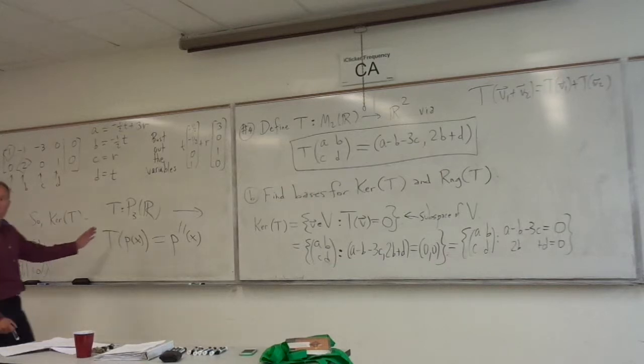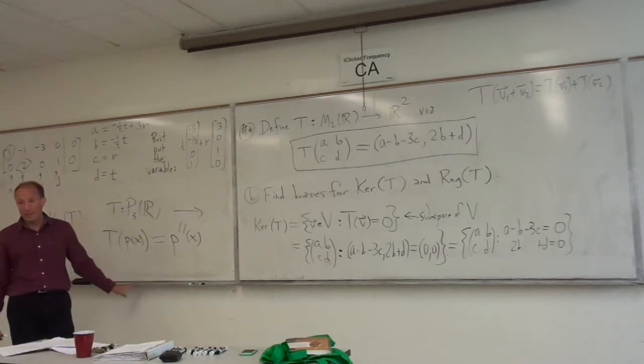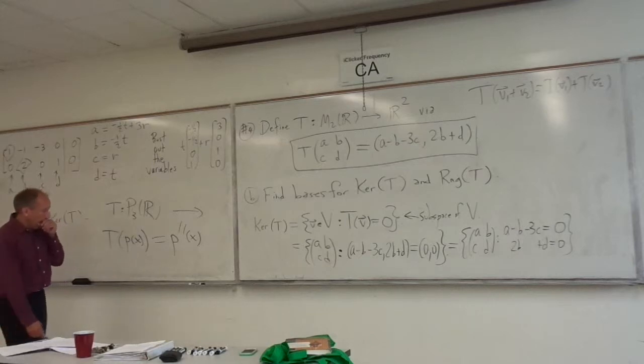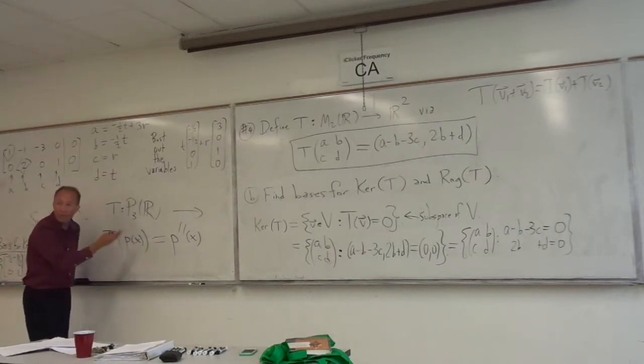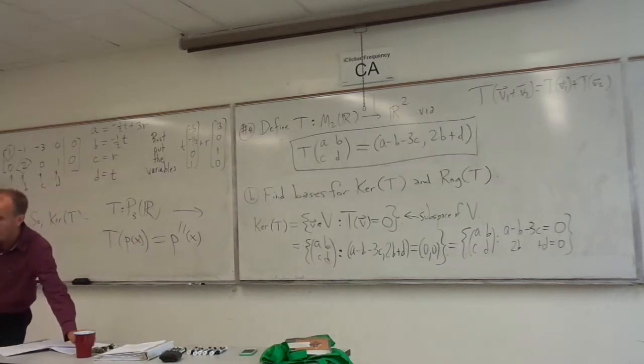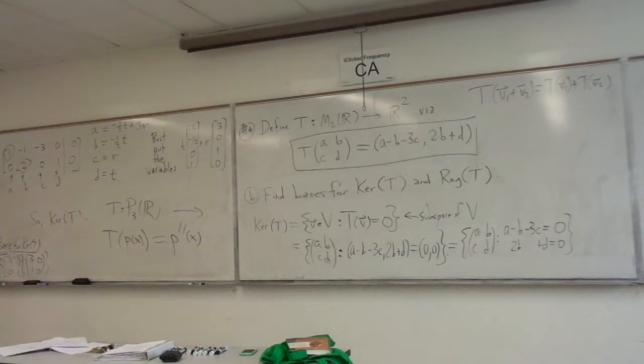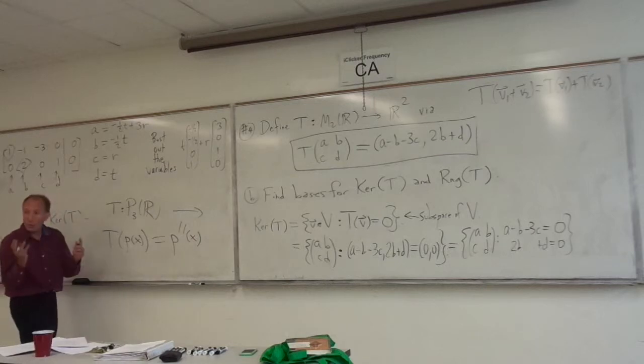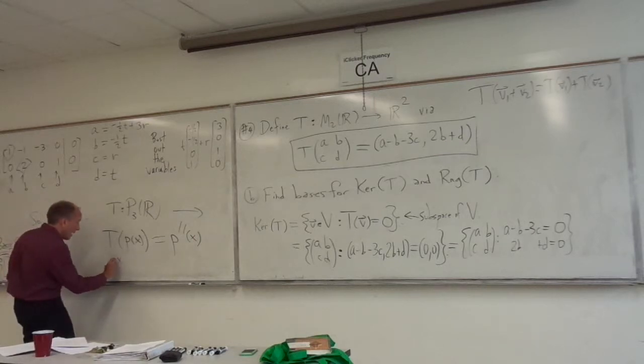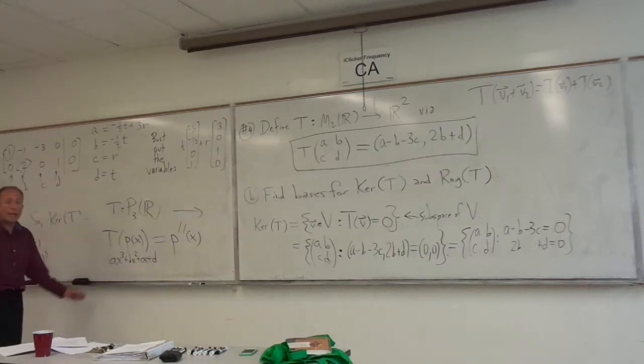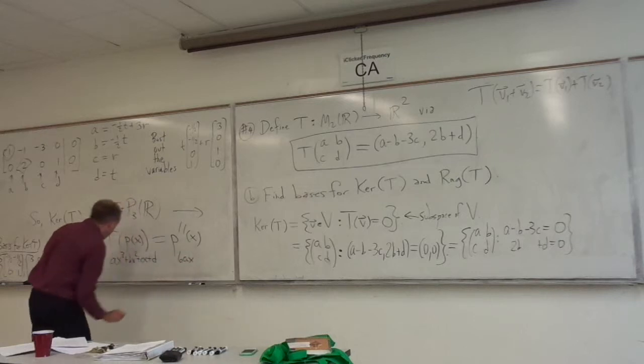But this one is a little more abstractly presented. I don't see the specific coefficients of the polynomial. So for something like this, you're going to have to actually take the effort to write out the vectors and then take two derivatives of it.